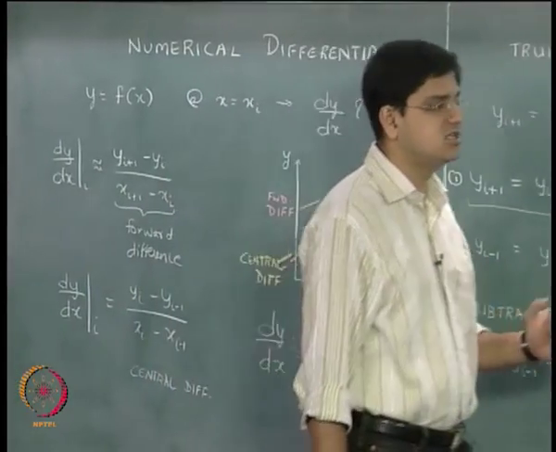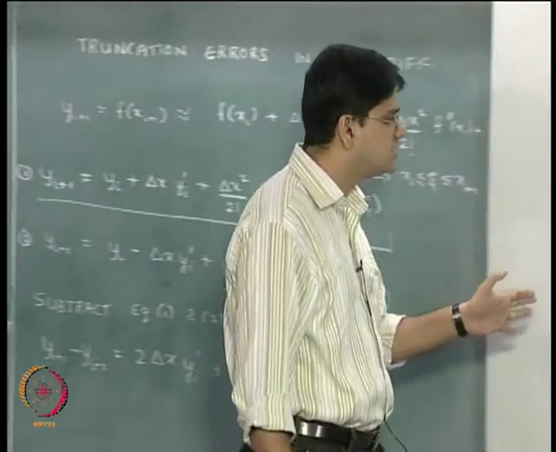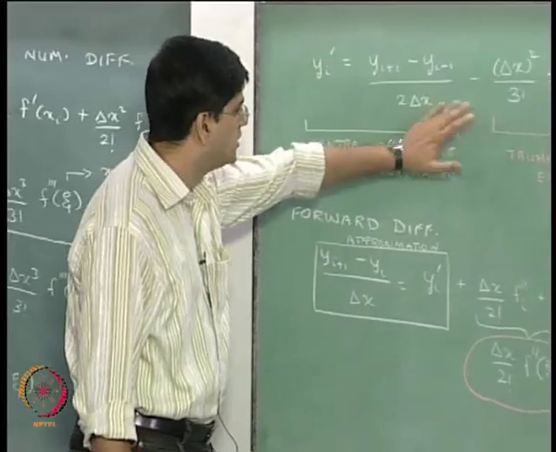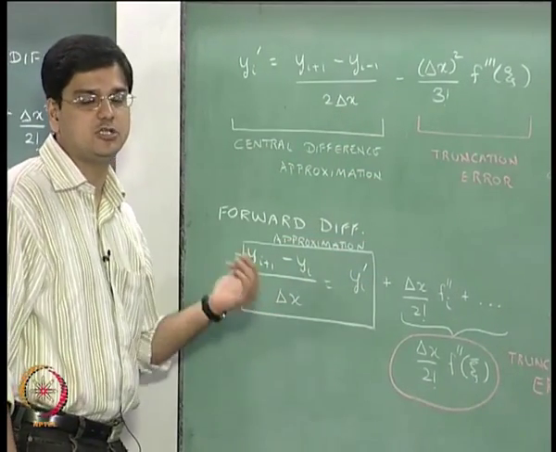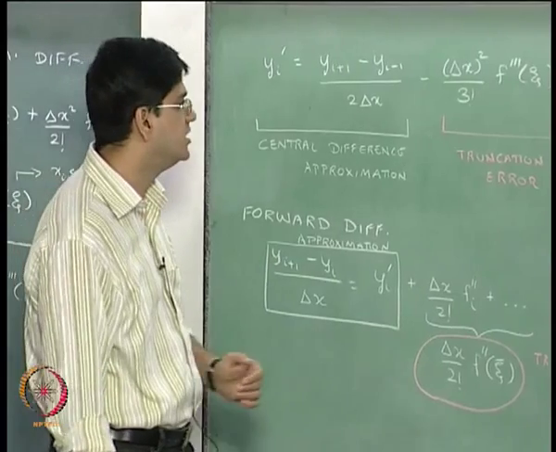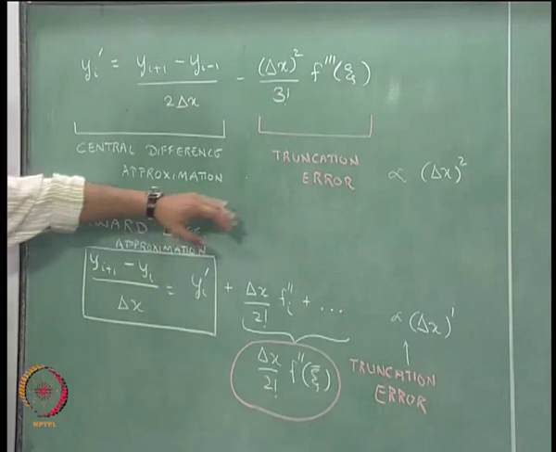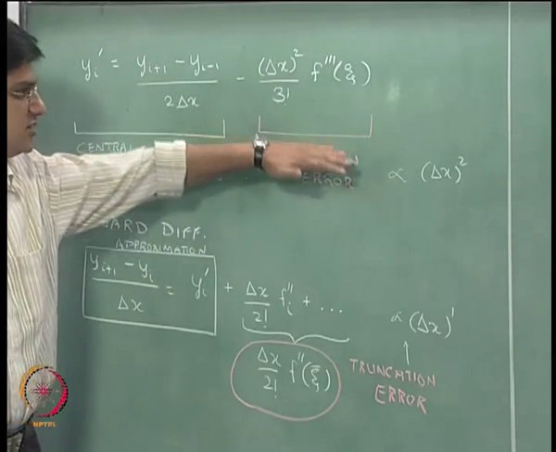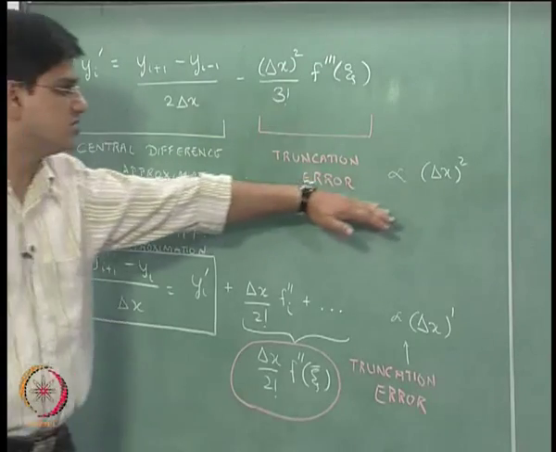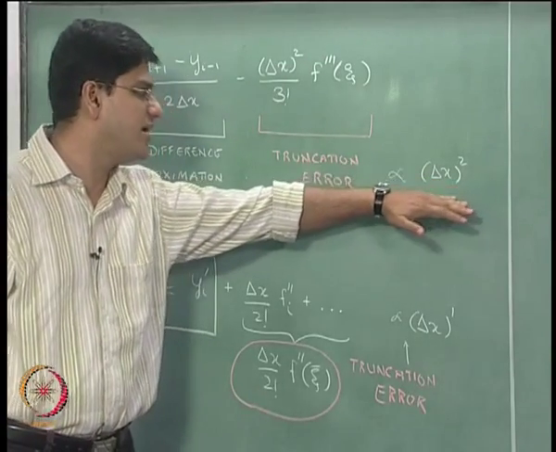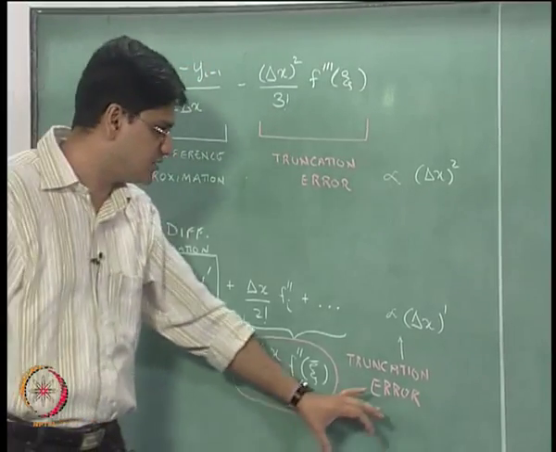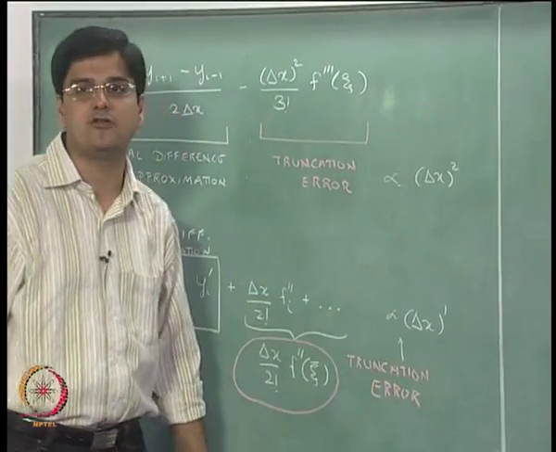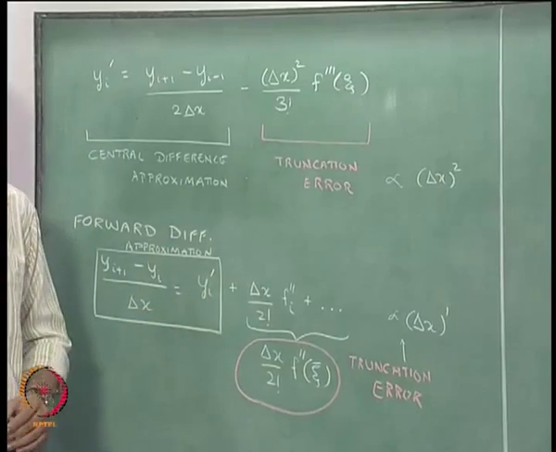The derivation that we have obtained using the Taylor series approximation verifies that geometric intuition, or the geometric claim that we had made in the previous part of this lecture, that truncation error reduces as delta x squared for central difference, whereas it reduces as delta x to the power 1 for the forward difference approximation.